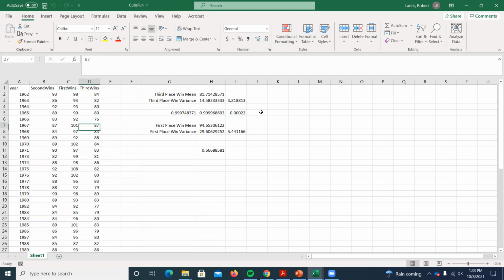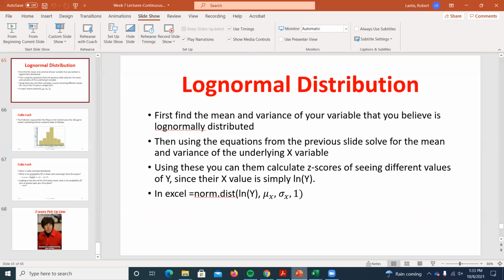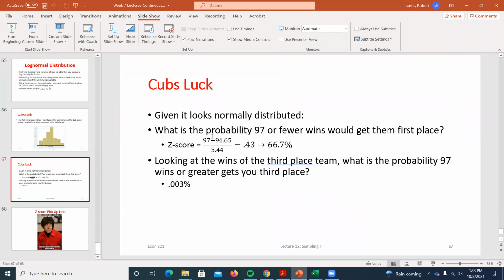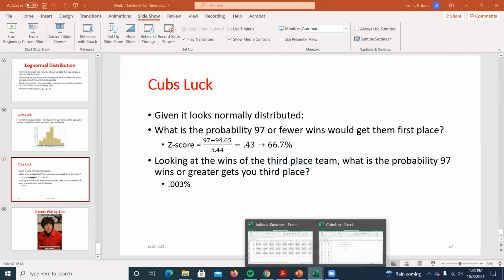And third place? Well, if these things follow even remotely close to a normal distribution, which it's not perfect, but pretty close here, then all I have to do is take that variable, find the mean number of wins that gets me first place, and then find the standard deviation.